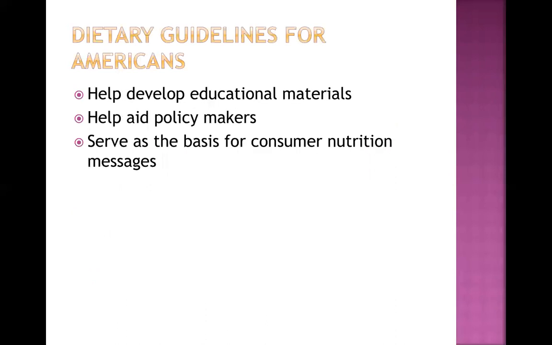The dietary guidelines help develop educational materials, and we can use these in our schools, both elementary and high school, as well as colleges, and help policymakers decide legislation. For example, the dietary guidelines have helped with creation of our nutrition facts labels and bans on trans fats.